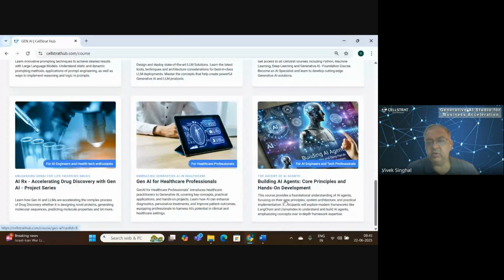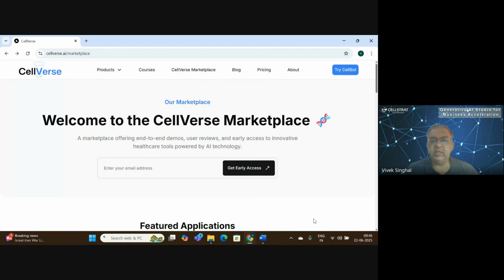And we have a course on Gen AI for healthcare professionals, a non-technical course for doctors, and an accelerating drug discovery with Gen AI project course as well. So we are doing multiple things in healthcare, including courses, product development, a series of webinars, blogs, and so on. We are working with many medical colleges now, and we are developing these products with the guidance and participation of our community.